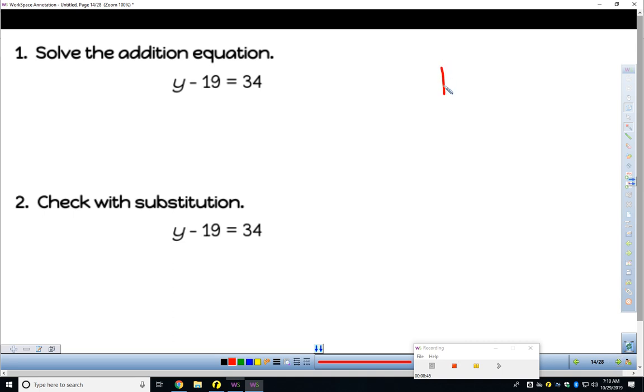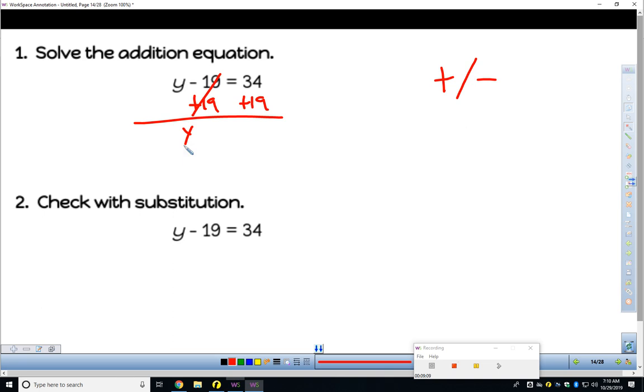Right? Again, when I see subtraction or addition, I know that those are my inverse operation choices. So y minus 19 equals 34. How do I get rid of minus 19? I add 19. If I add 19 to one side, I have to add 19 to the other. Minus 19 and positive 19 cancel.